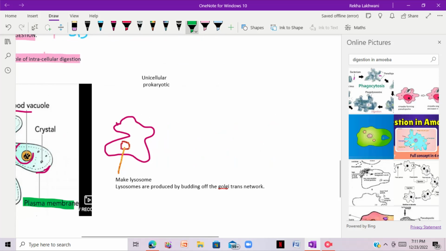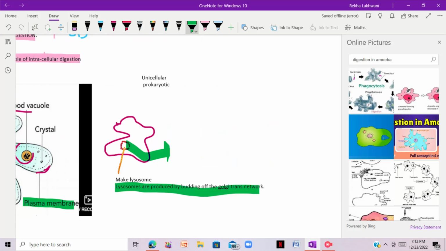The nutrition of this amoeba is by microphages, which eat small particles. So now let's look at how it gets its food.